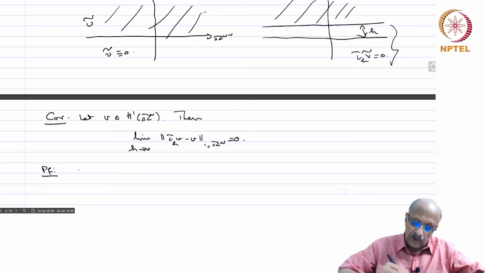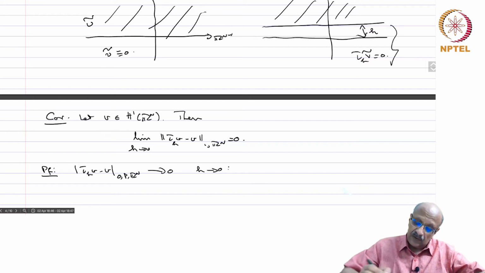Proof: we know the L p norm of tau h v minus v on Rn anyway goes to 0 as h goes to 0. We have seen this long ago.